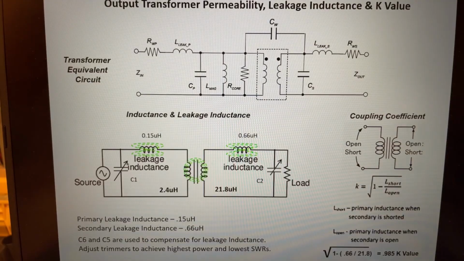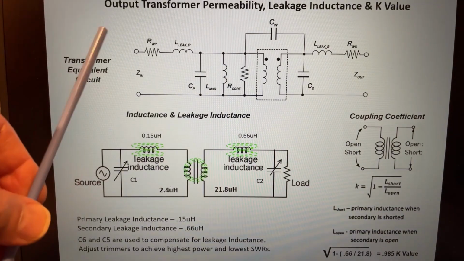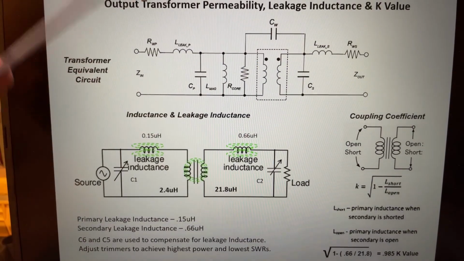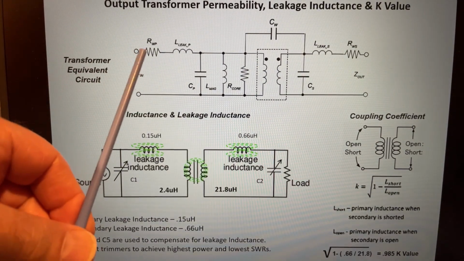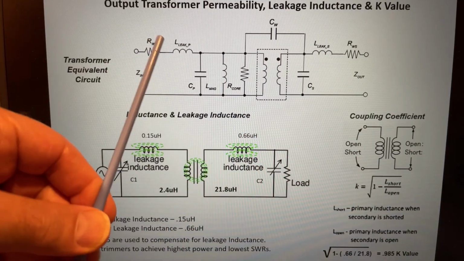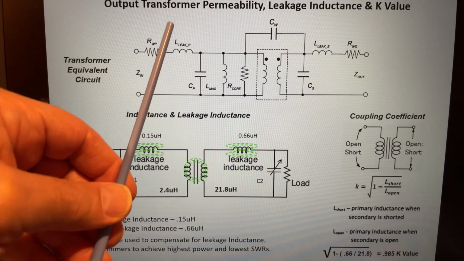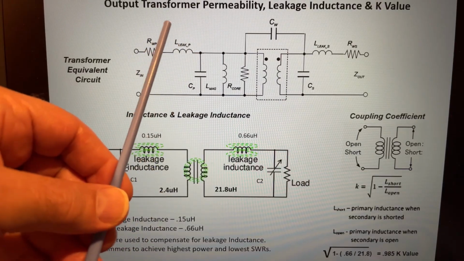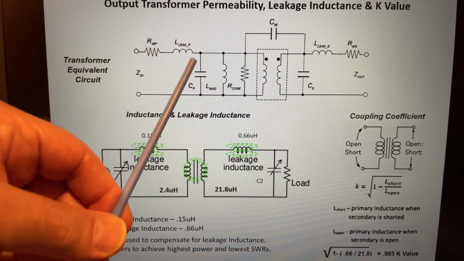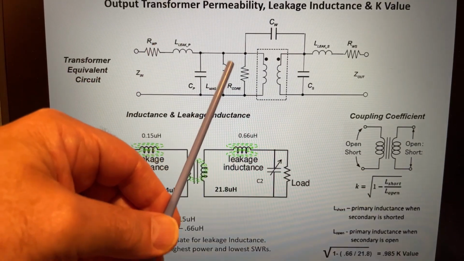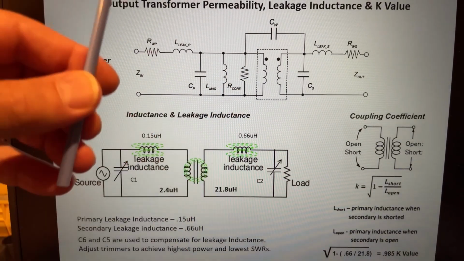But in actuality, when we look at the transformer, there's a lot of parasitic effects. So you have the resistance of the primary winding, you have the leakage inductance of the primary winding, which we're going to spend some time talking about. You have the capacitance of the primary. You have the resistance of the core, those are core losses.